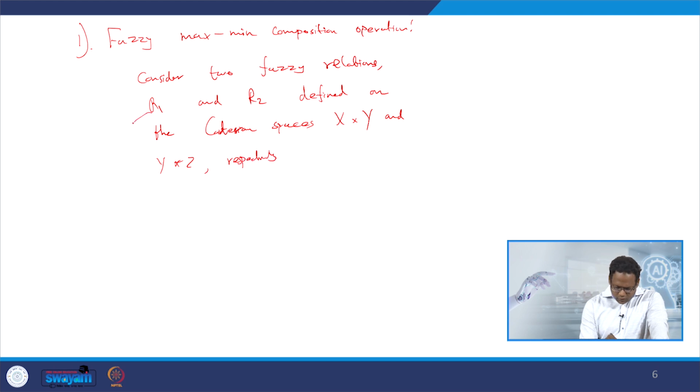That means R1 is defined on the Cartesian space x cross y and R2 is defined on the Cartesian space y cross z.